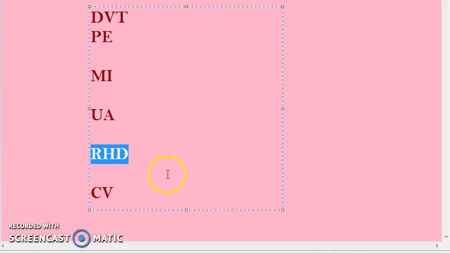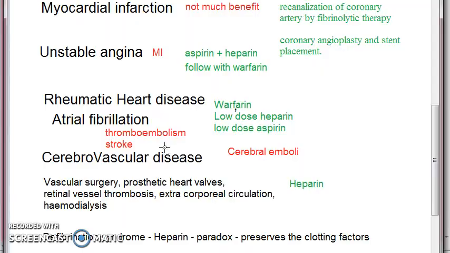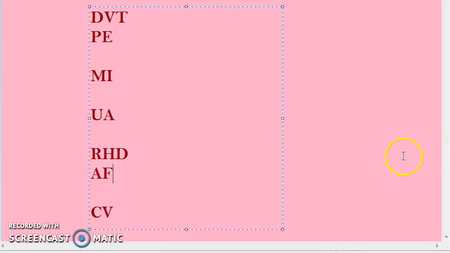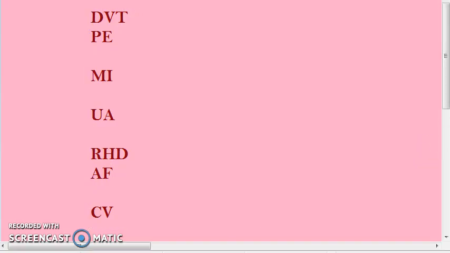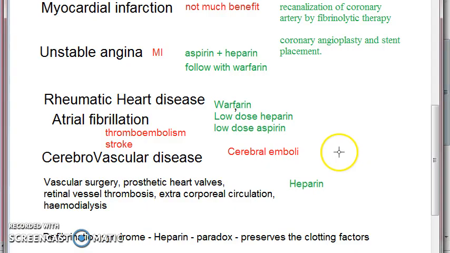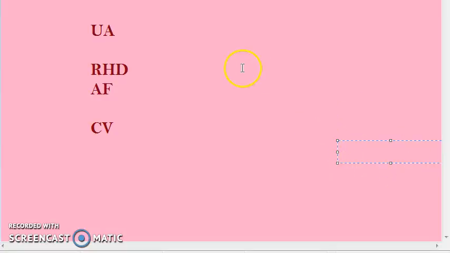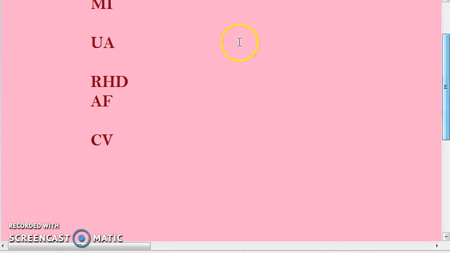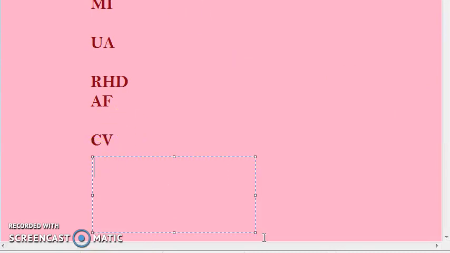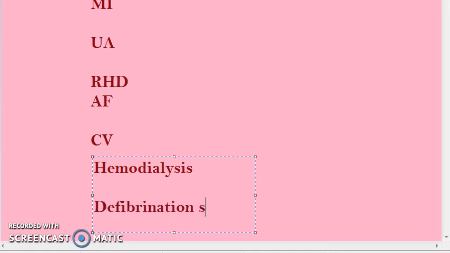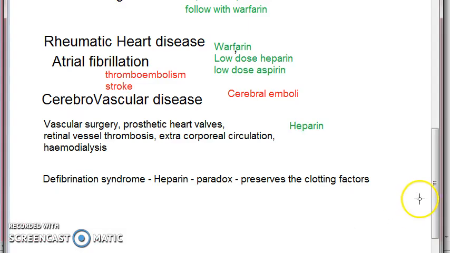Rheumatic heart disease, atrial fibrillation, cerebrovascular disease, vascular surgery, defibrination syndrome. Hemodialysis, you can write for all those dialysis patients. Defibrination syndrome, correct.